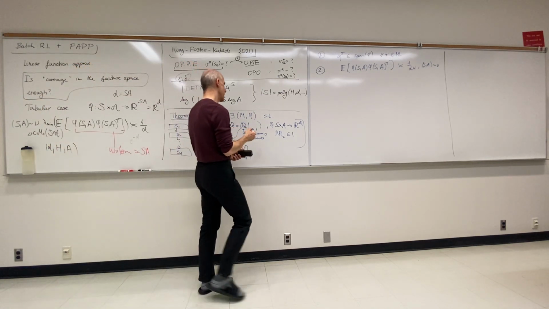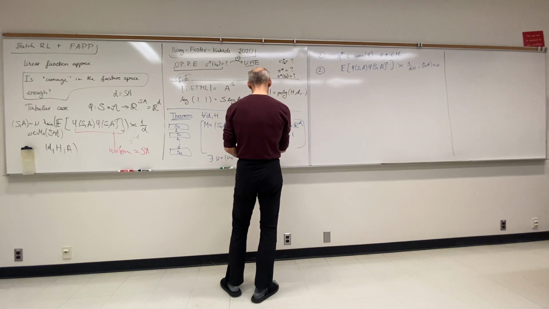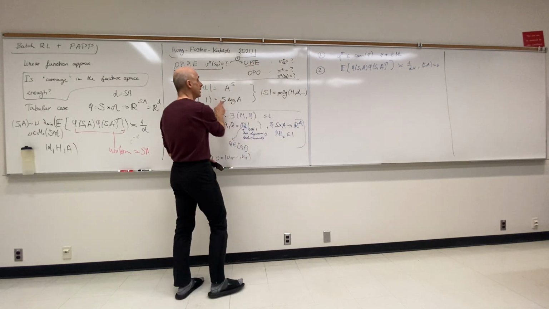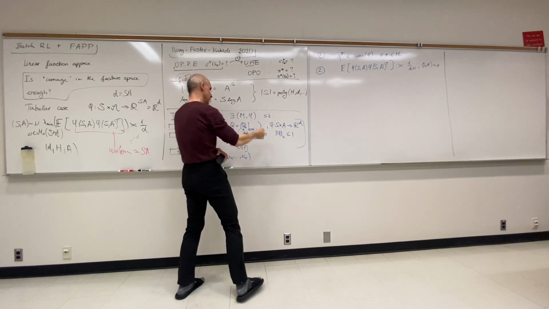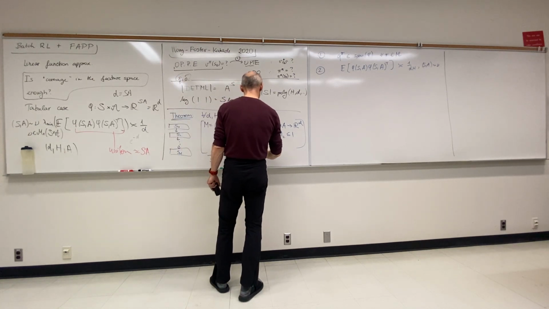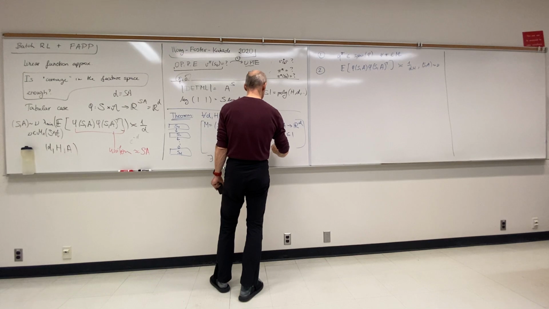Oh, I didn't tell you, but going back here, the number of states is not large. The number of states is going to be d times h, of that order. And the number of actions is also not large.